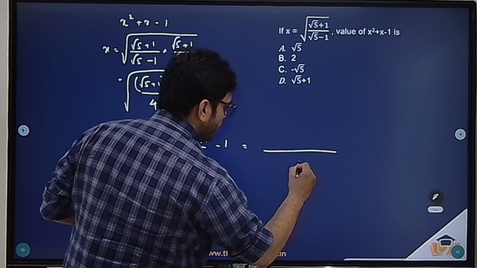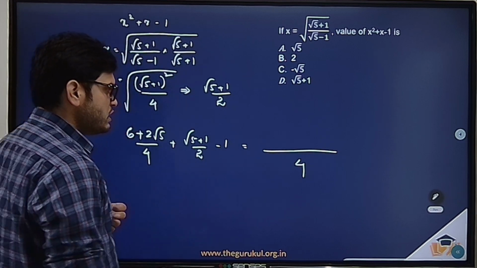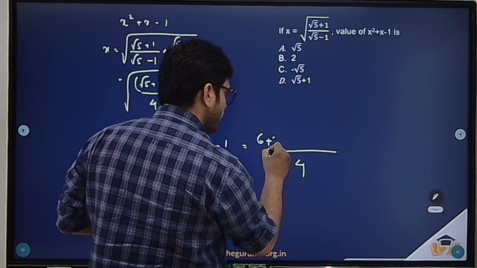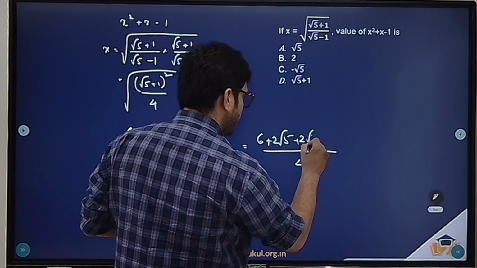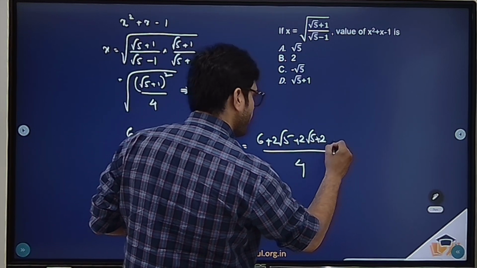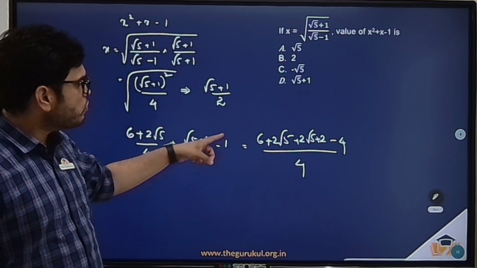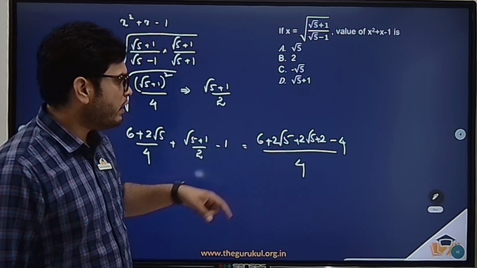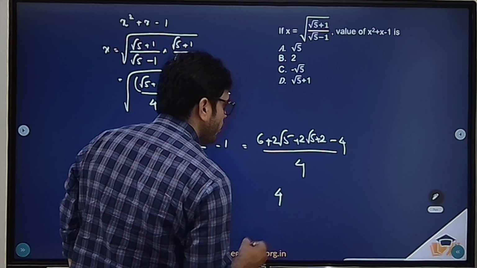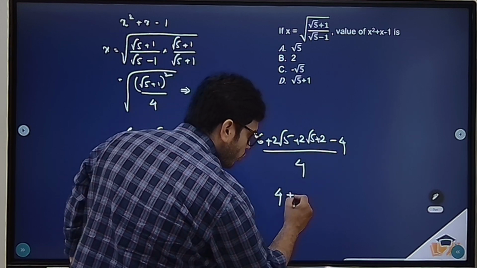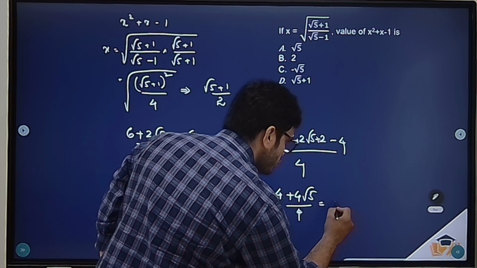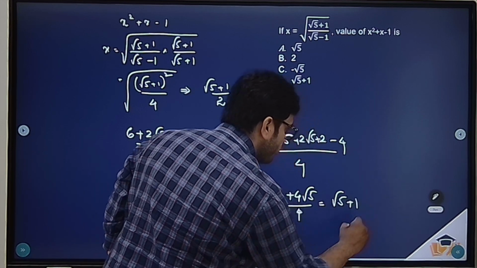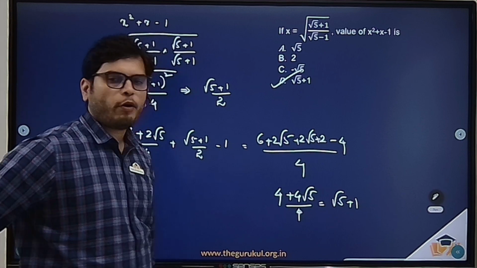So the LCM would be 4. Then we have 6 plus 2 root 5 plus 2 root 5 plus 2 minus 4. Now 6 plus 2 is 8, 8 minus 4 is 4, plus 2 root 5 plus 2 root 5, 4 root 5, by 4. Now this should be root 5 plus 1. So the answer for this question should be option B.